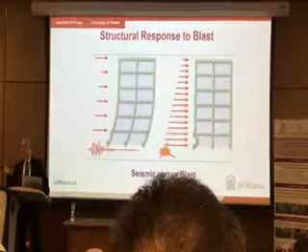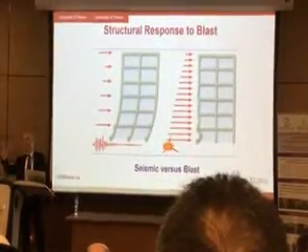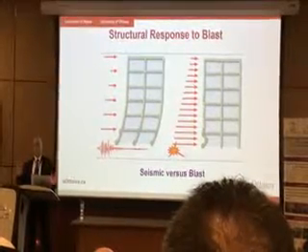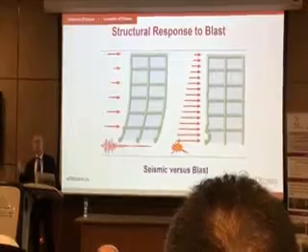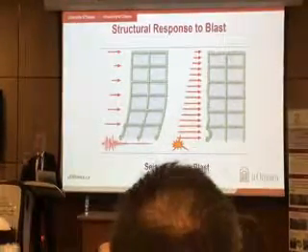So then they started damaging these 10-story buildings as opposed to 20-story buildings that got damaged in the central part of the city. So this is very important to understand: the period of excitation and the period of the structure are intimately related.